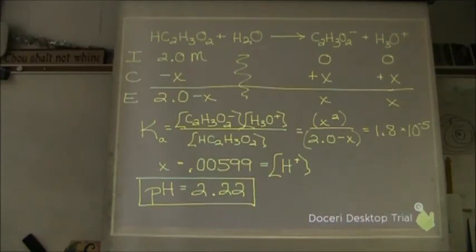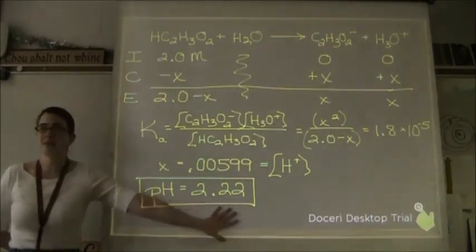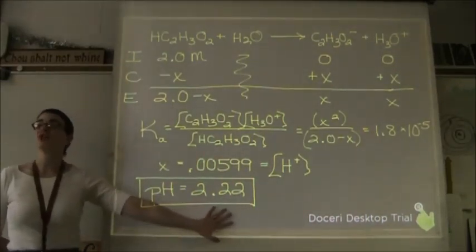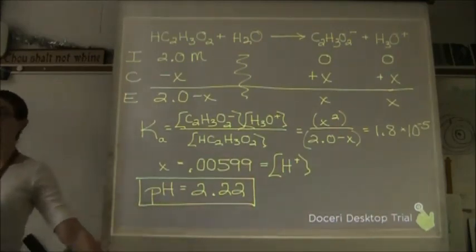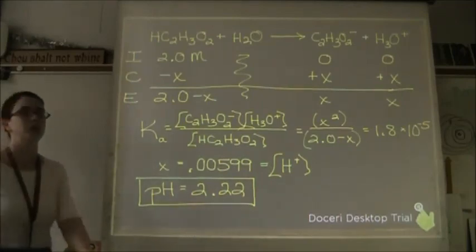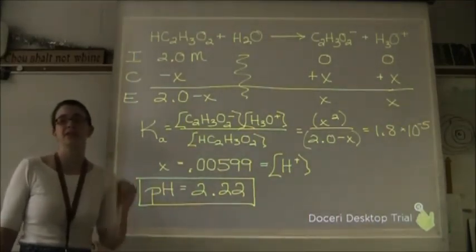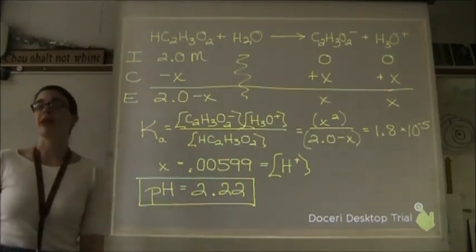Okay. Now, I realize it said calculate a bunch of other stuff, but this is where I want to focus, is the pH. And guys, I'm going to ask you a question that you're going to get so sick of me asking, because I'm going to ask it every single time we do a problem in here for the next month. Does this answer make sense?